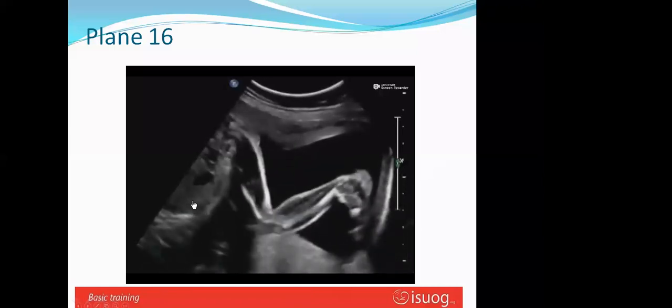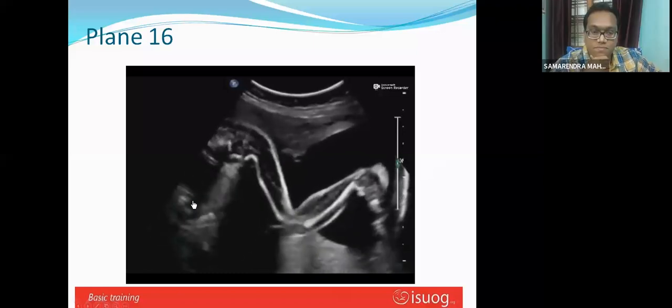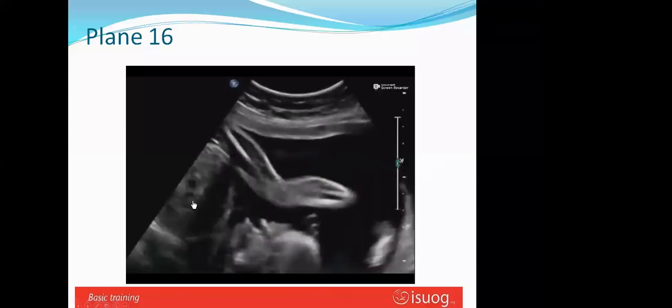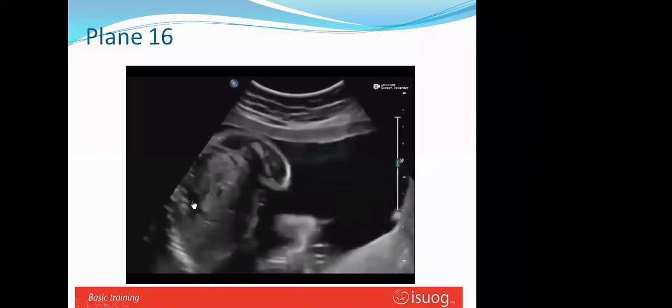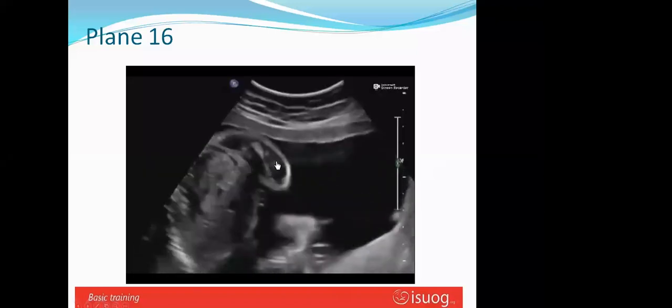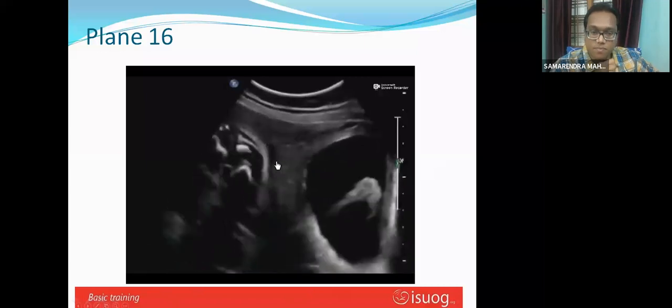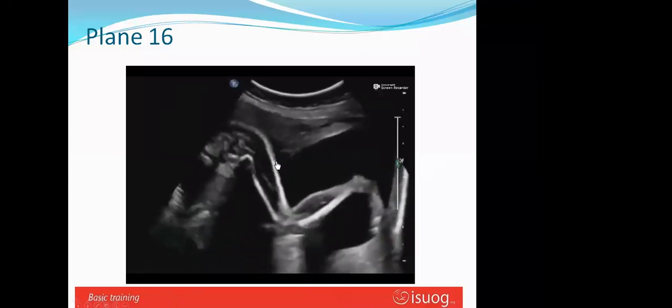So you get the iliac bone and the trochanter, and in between there's a bright angular kind of thing popping up like a rising sun. So keep your transducer there and rotate it, you will get the whole femur, and then try to make it horizontal. This was what Suresh had told us. We have beautifully shown that actually.